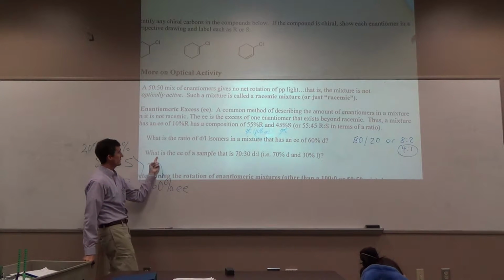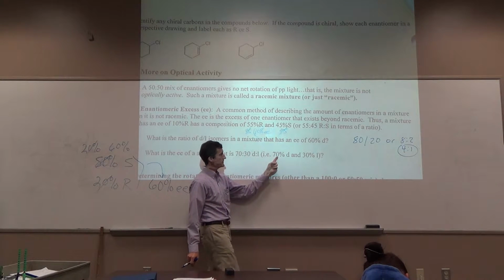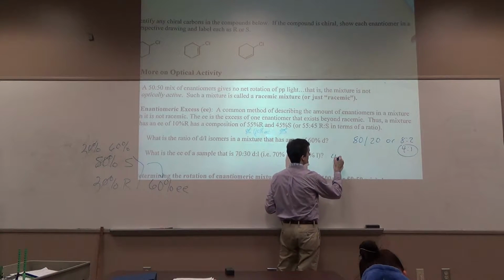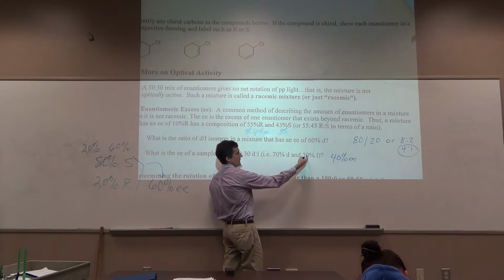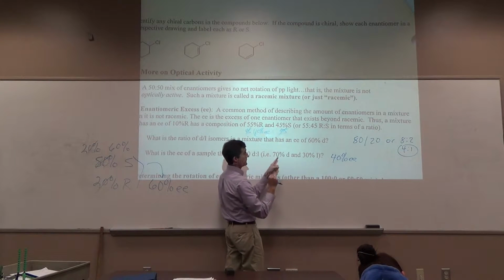Let's go the other way. What's the EE of a sample that is 70-30 D to L? That is 70% D and 30% L. 40. That's easy. 40% EE. Because 30% of this cancels 30% of that, what are you left with? 40% of which one, though?